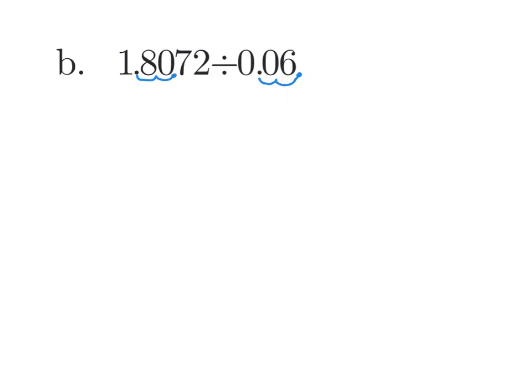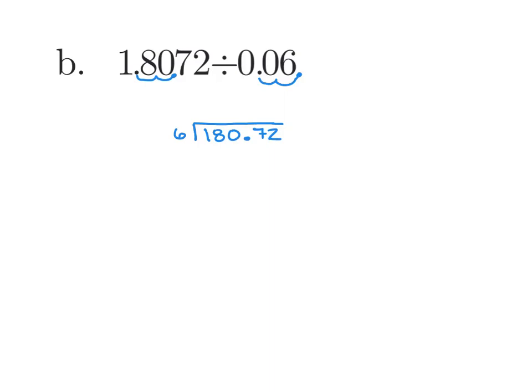So I'm going to do the same thing in my other number. We go ahead and put these numbers in our division problem. So now it's not going to be 1.8072, but it's going to be 180.72. And we're going to divide by 6.